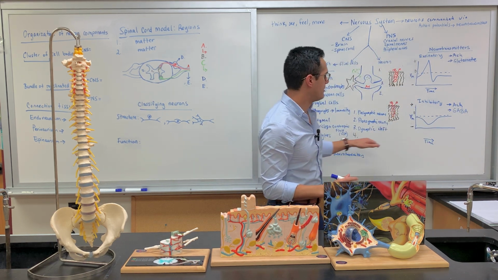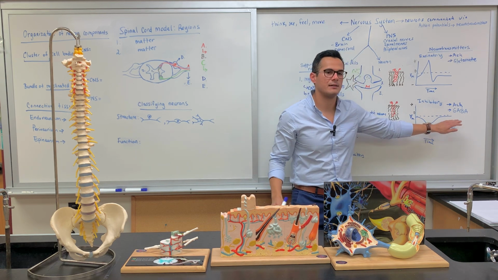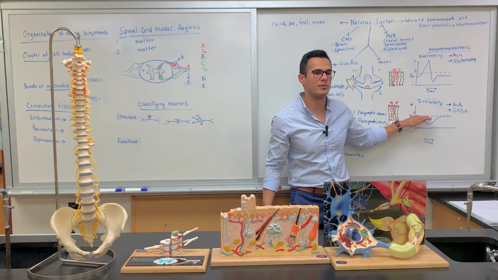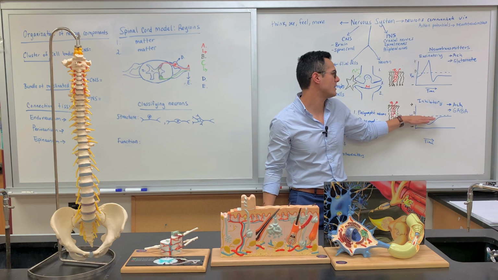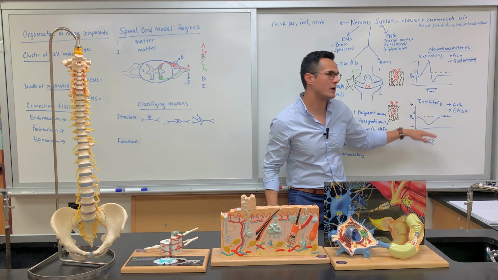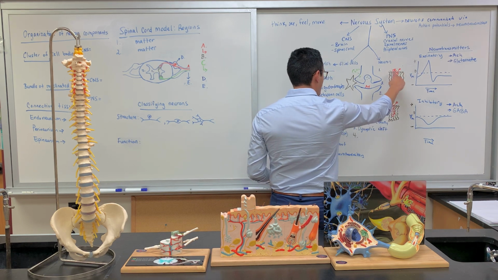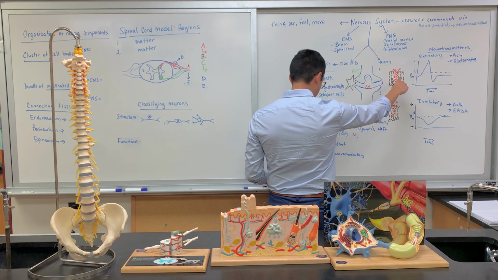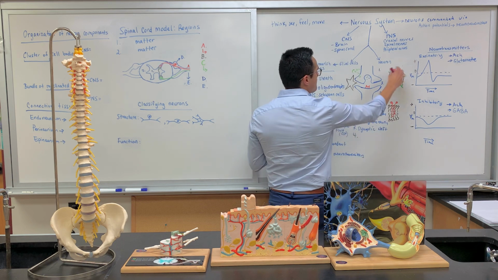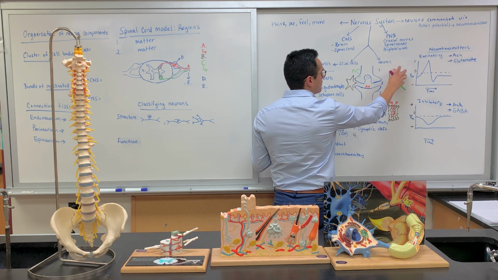Okay, and so you may be thinking, well, how is it that the cell membrane, the membrane potential, becomes more negative? Well, if we look at what I have drawn here, this is first an example for excitatory.